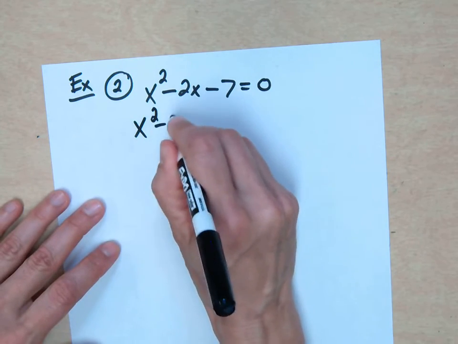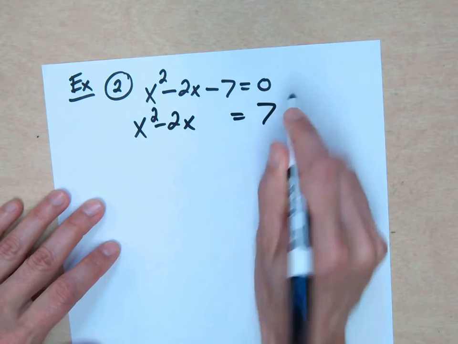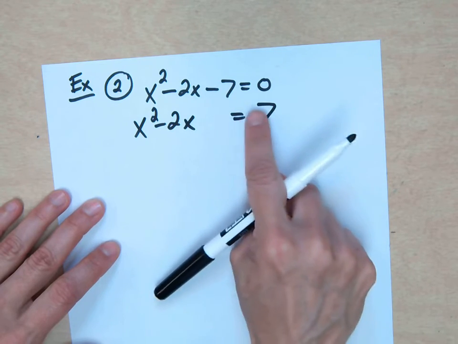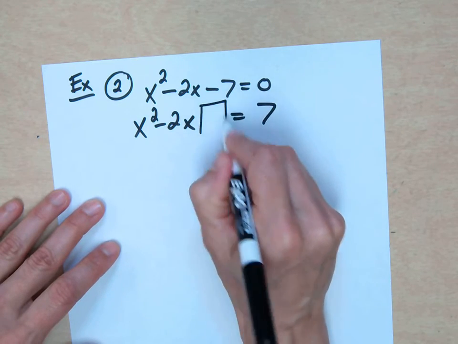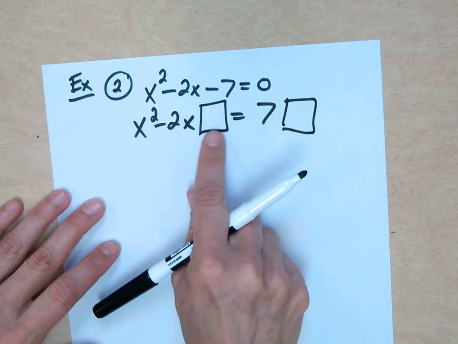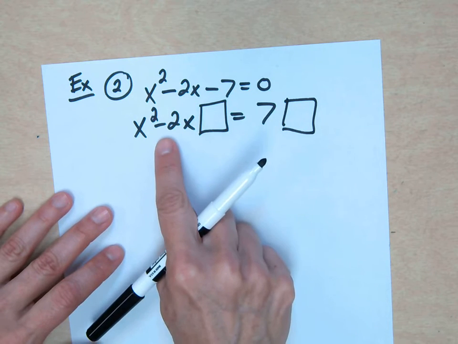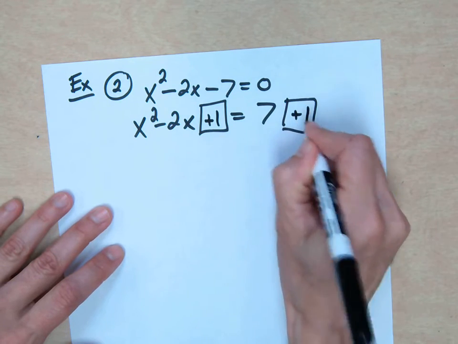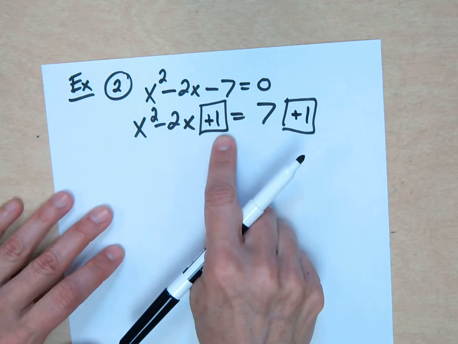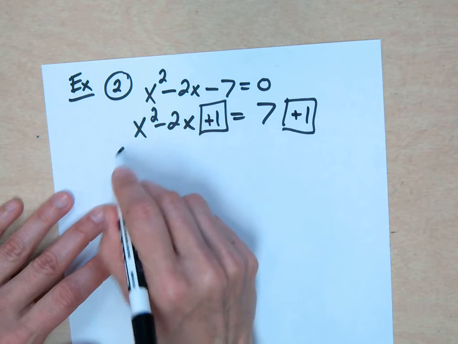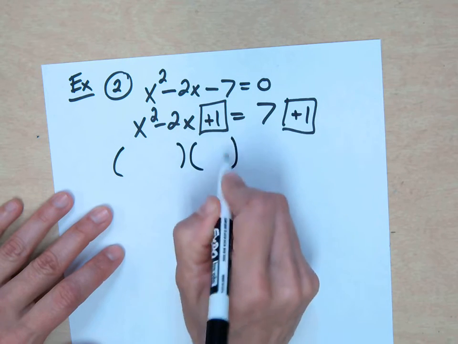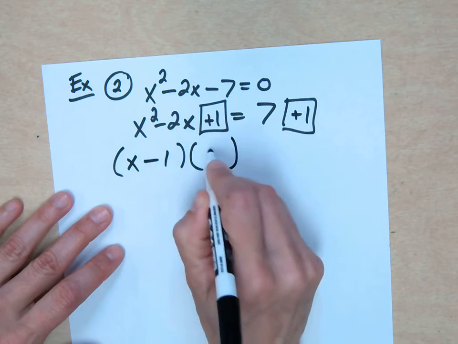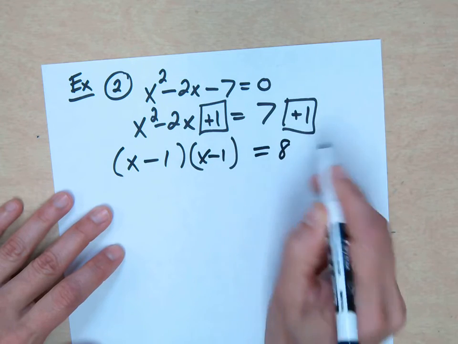First one, move this constant to the other side by adding 7 to each side. Then I have to pick a number here so that I can factor this as a perfect square. Half of negative 2 is negative 1, squared is 1. So it'll always be a positive number. This you can factor, it'll always be a perfect square. So it's going to be x minus 1 times x minus 1.